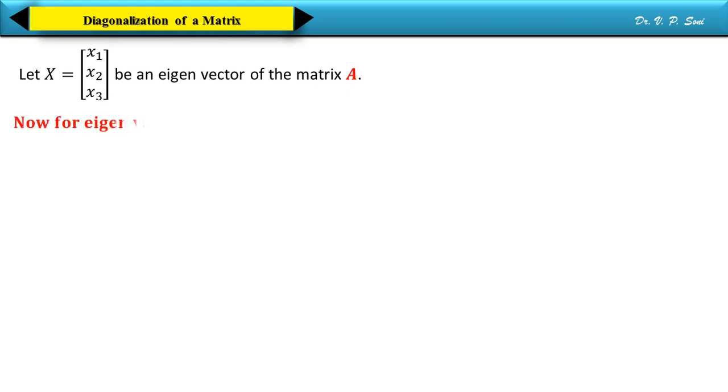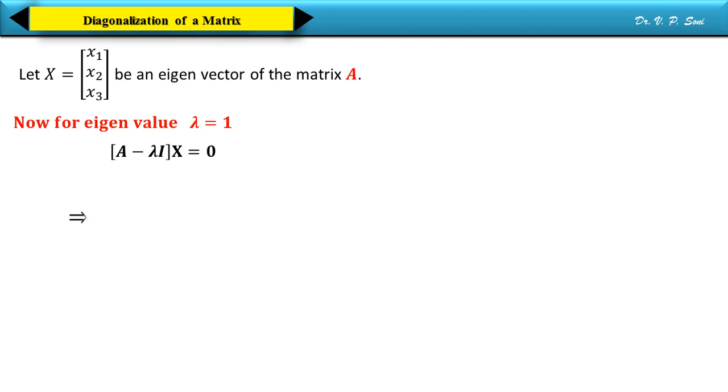Now we find eigenvector corresponding to each eigenvalue. Let X, the column matrix x1, x2, x3, be an eigenvector of the matrix A. Now for eigenvalue lambda equal to 1, matrix A minus lambda I into matrix X equal to 0 matrix.